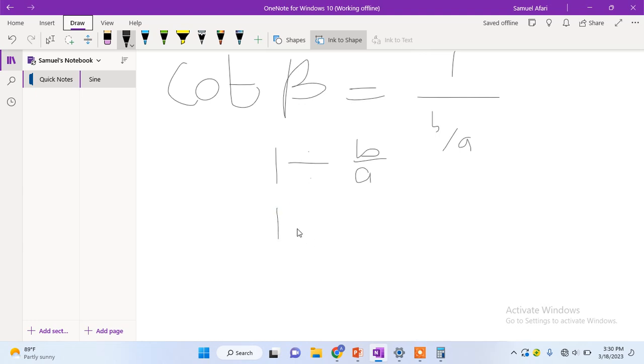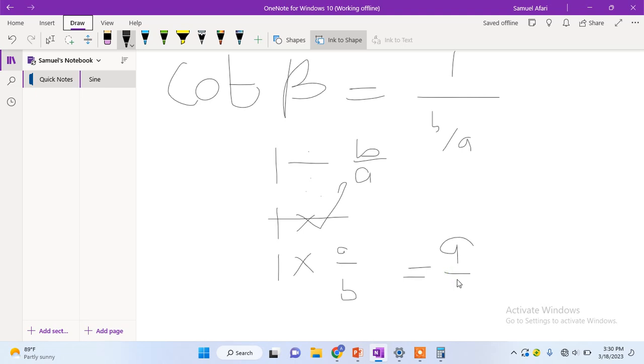You first have to change the division sign into a multiplication sign. As soon as you change the sign, you have to reciprocate the right side. So 1 times, you reciprocate to give you A over B. What is 1 times A over B? It is still A over B.